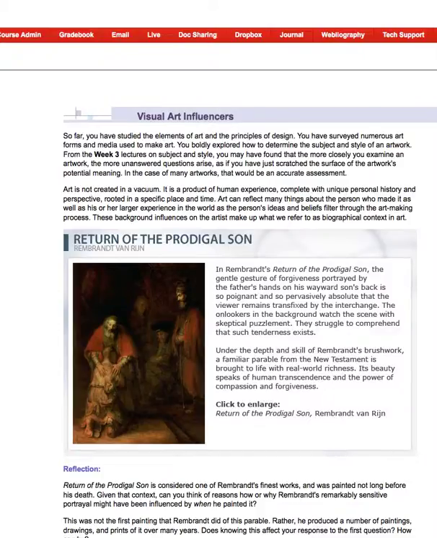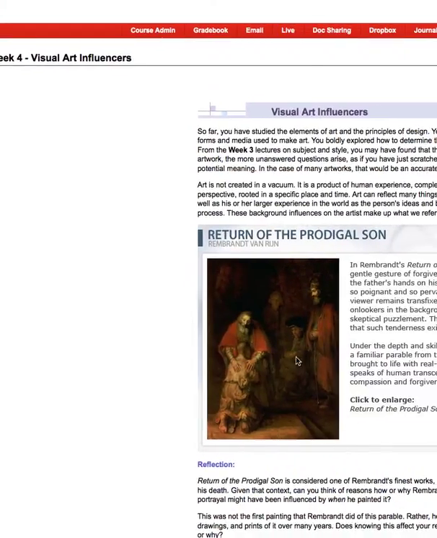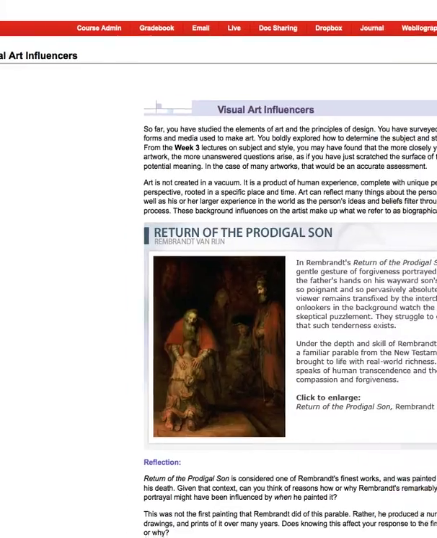So by all means, go through all of these topics, go through the influencers, the context, which is what we're talking about, not content necessarily. But now we're looking at what's going on in the picture, not just by elements and principles and the style and the subject, but what's really going on and what is the artist saying. Remember back when you were talking about the fact that art was really something where people communicate? Well, this is your chance to shine, because this is certainly the way we communicate.